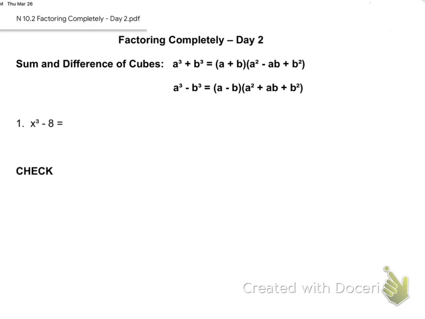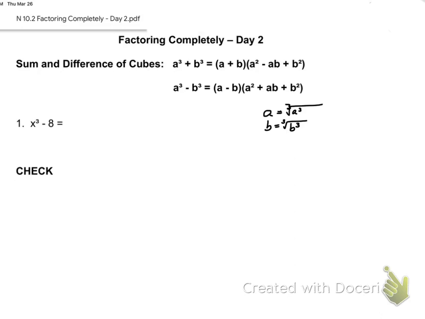What I want you to know is that A is the cube root, and that's a 3, of A cubed, and B is the cube root of B cubed.